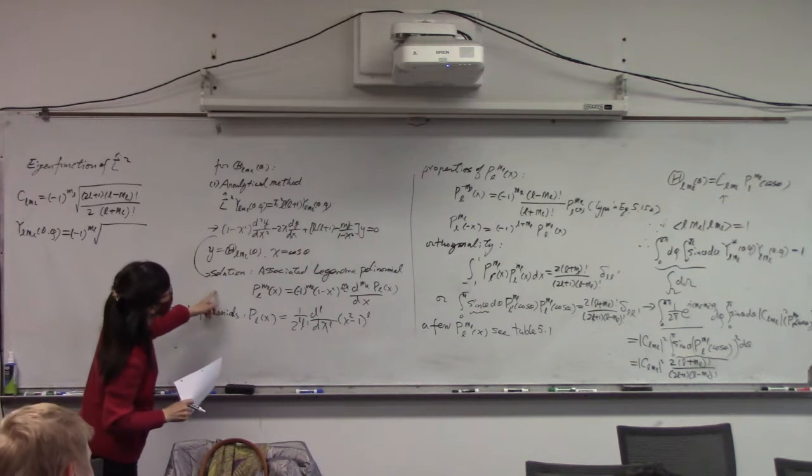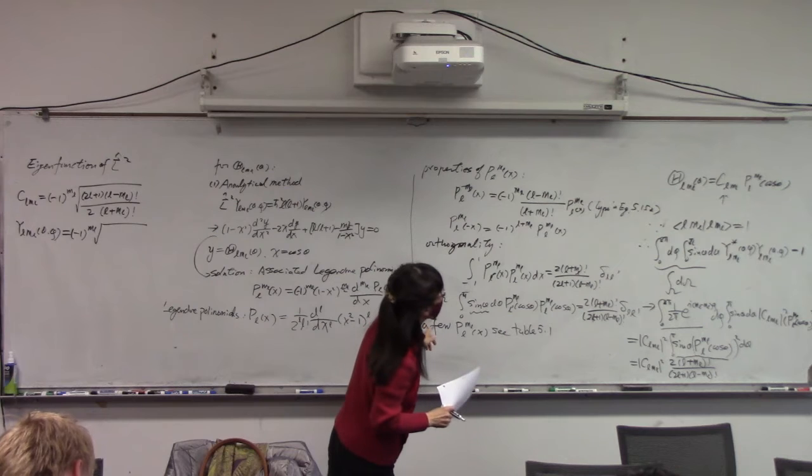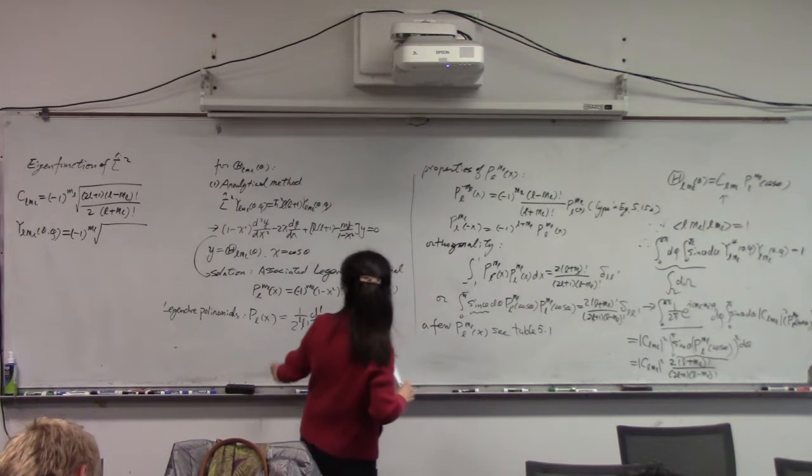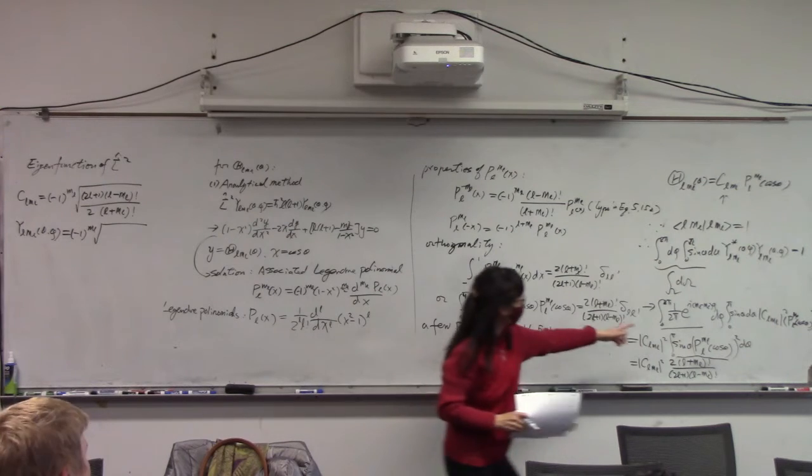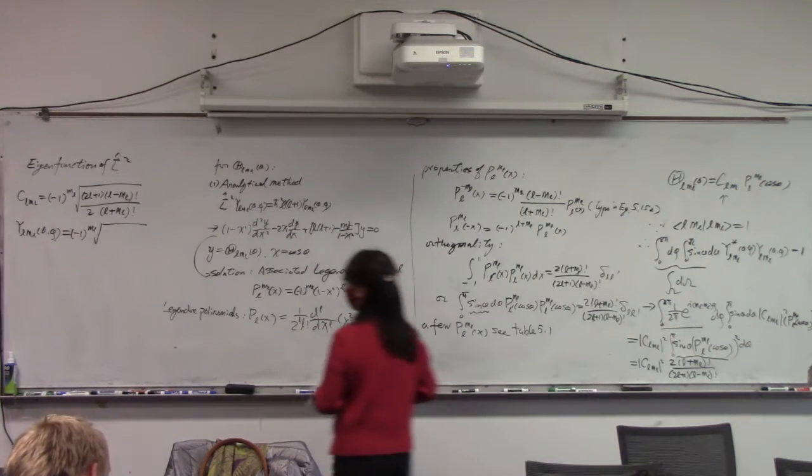So Y_l^{m_l} as a function of theta and phi, which is (minus 1) to the m_l here. Yes, I have to write this down somewhere. You remember here we have this term, right? We have a square root of 2 pi.